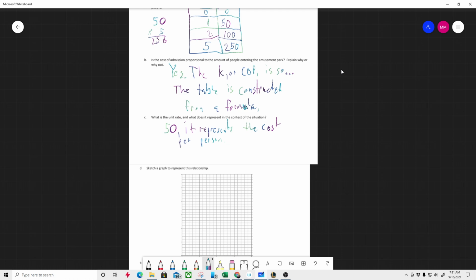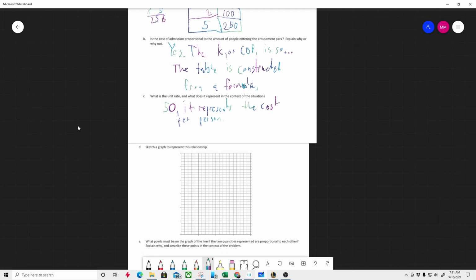Oh, that's a little too much. All right, so this will be 0, 0. And let's see, 1, 2, 3, 1, 2, 3, 4. So we're gonna have to go like 2s: 2, 4, 6, 8, 10. So now we've got to go like 5s.